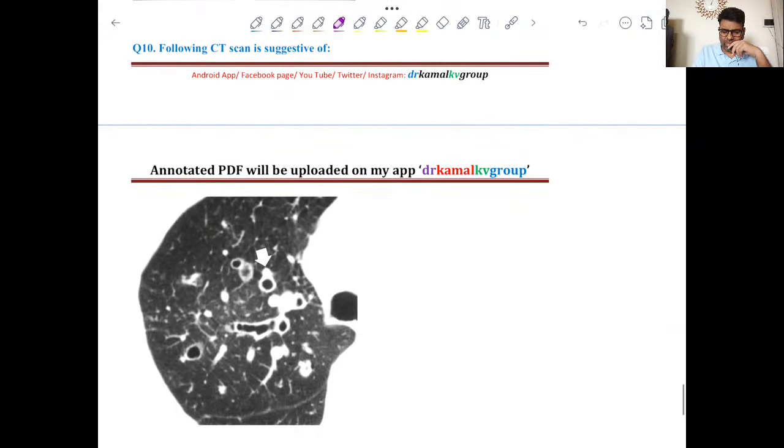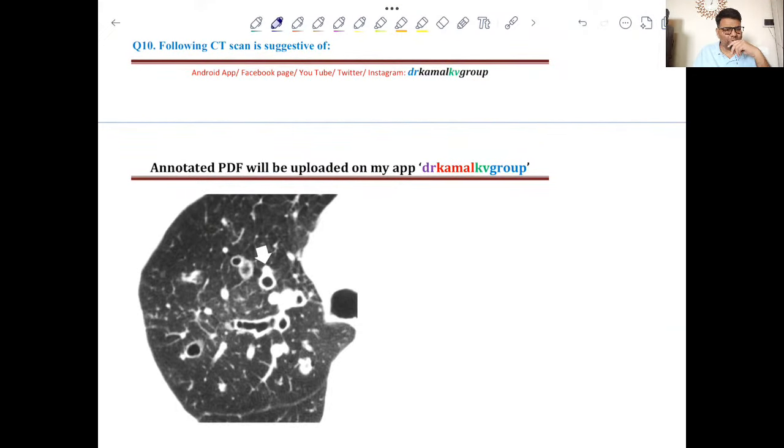Now this is a very easy CT scan. I think most of you can answer the moment you look at the picture here. So what you are seeing, you will be seeing something like this in this image, right? So this is the classical.